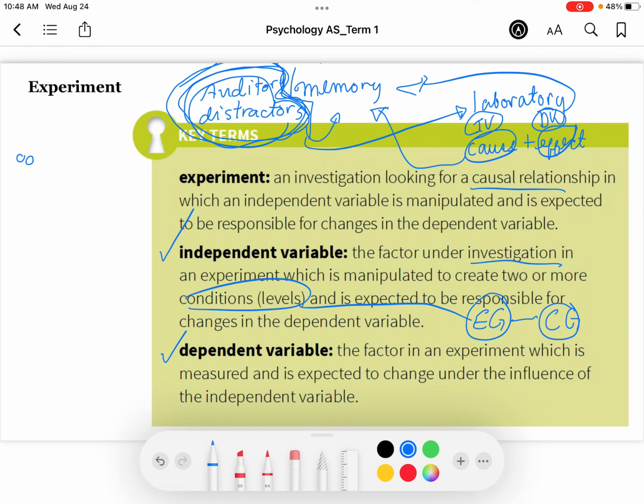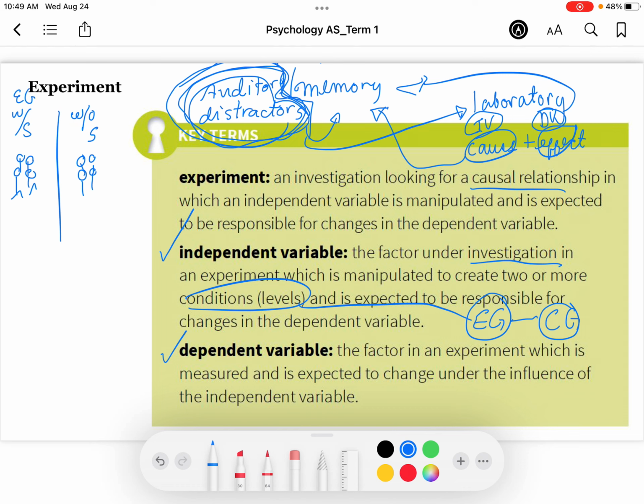For example, two groups of people, right? With sound. In other words, they took the test and someone was playing loud music while they were taking the memory test. And then there's another group. And while they were taking the memory test, there was no sound, or without sound.